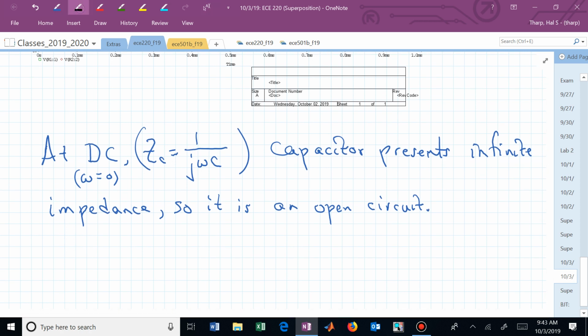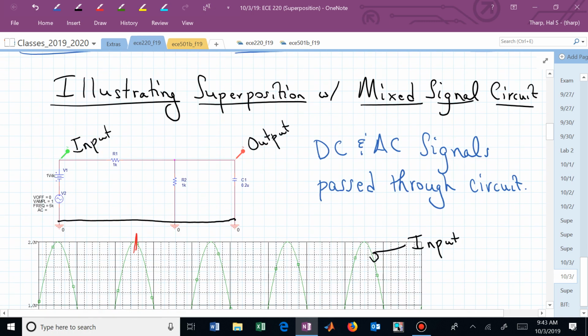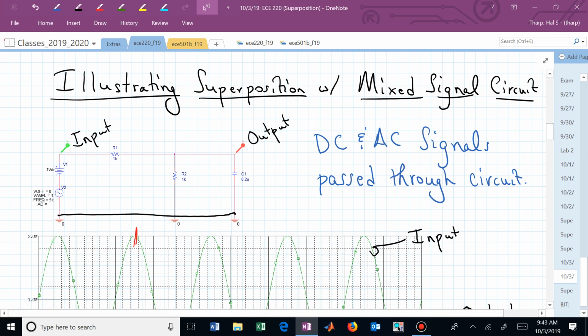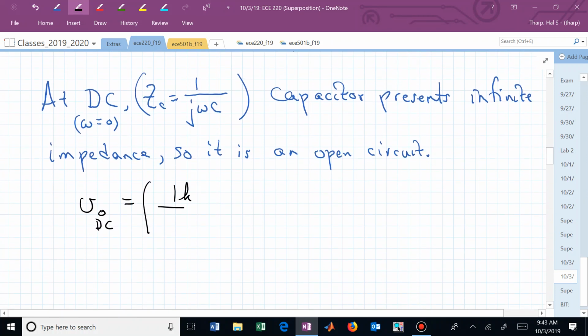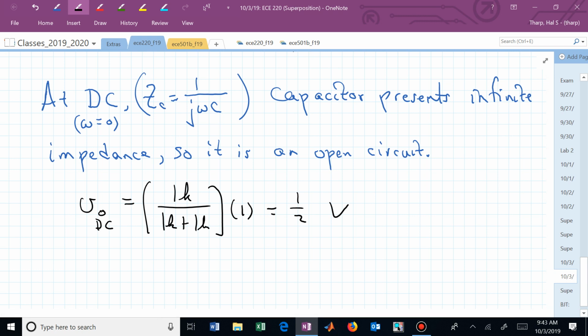And if we wanted to look at what's the output waveform, let's say due to DC, then that's going to be whatever these resistors are in a voltage divider circuit. If this is now our voltage that we're interested in, VO, that's our output. Due to DC, this is now 1K over 1K plus 1K times the DC value, which was 1. Or we would expect to have 1/2 of a volt at the output due to the DC input.